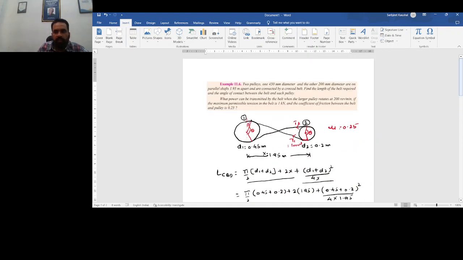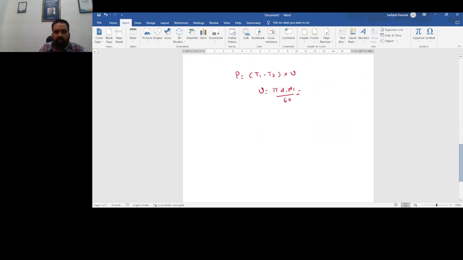The rotation of the larger pulley is 200 rpm and the larger pulley diameter is 450 mm. So we can use pi into 0.45 into 200 rpm divided by 60. The value of the velocity after calculating is 4.74 meter per second.